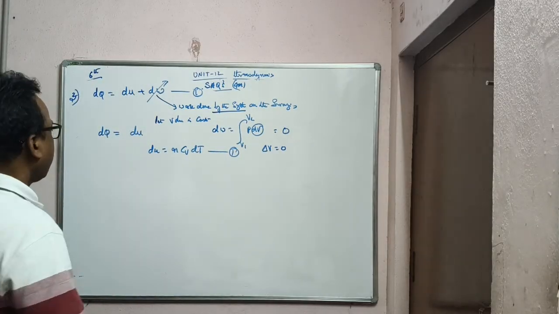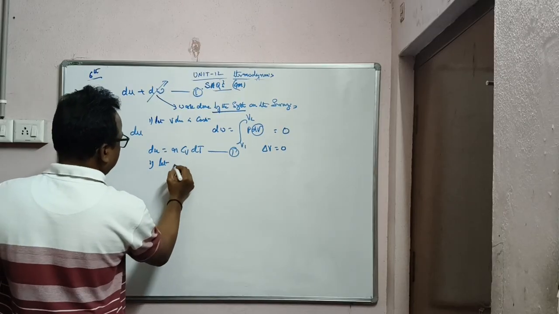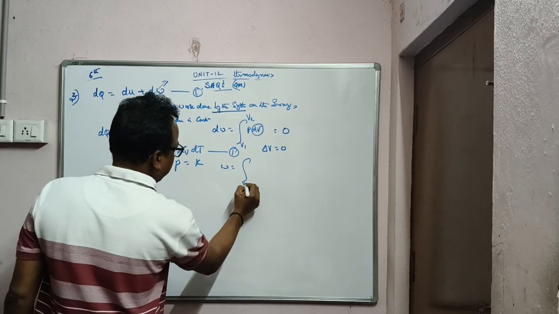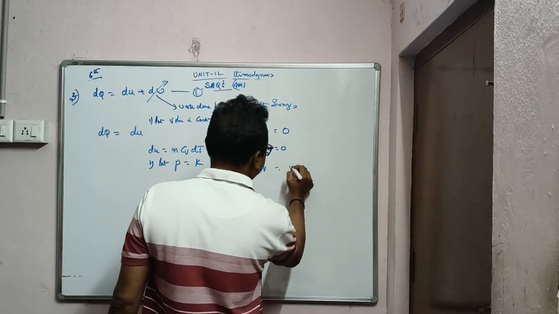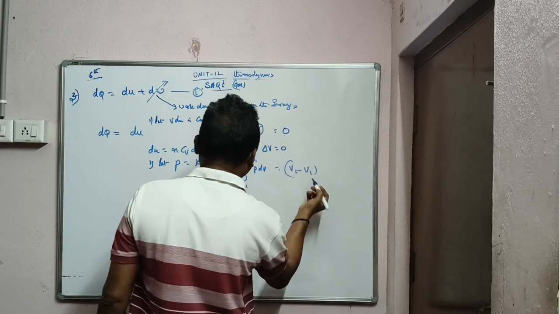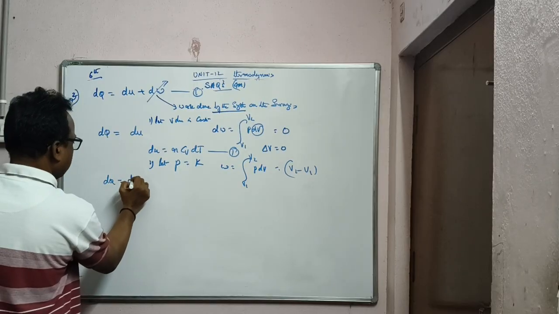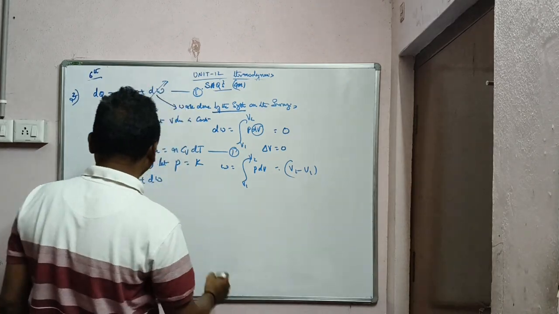Coming to the next case, let pressure be constant. Then work done is equal to the integral from V1 to V2 of PdV, and that is nothing but P times V2 minus V1. So dQ is equal to dU plus dW, and work is done here.